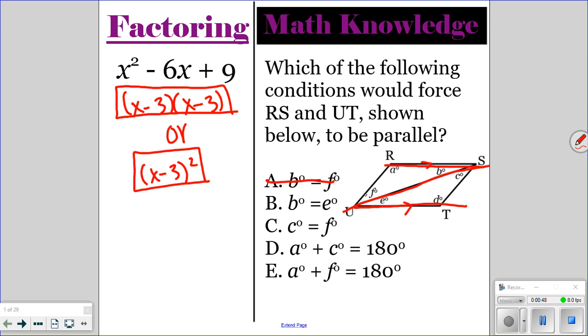C and F would make this line and this line parallel, so not that one. If A and C equal 180, that doesn't help us any. And A and F equals 180, that would be no help. The one we want to pick is B and E, because those are alternate interior angles. So if those are congruent, then our lines would be parallel.